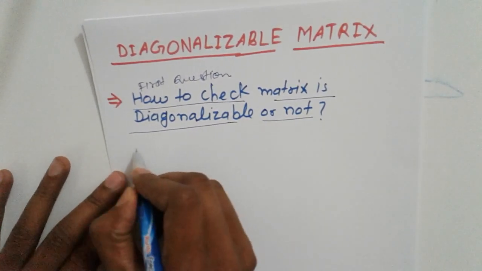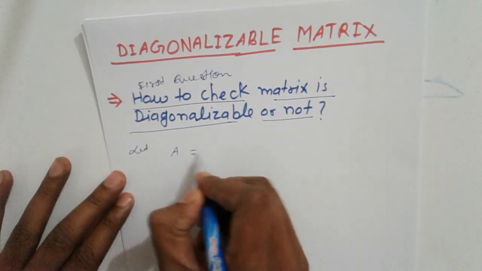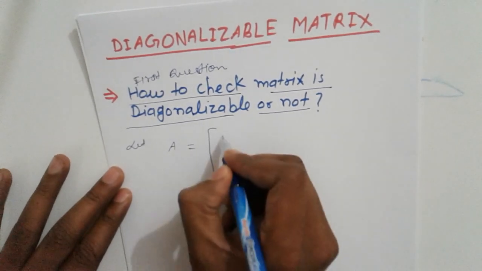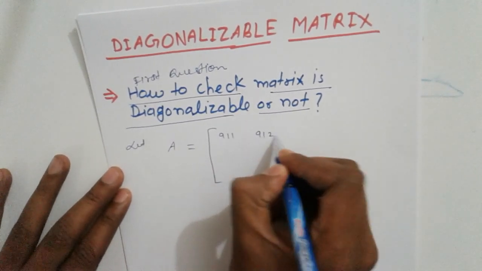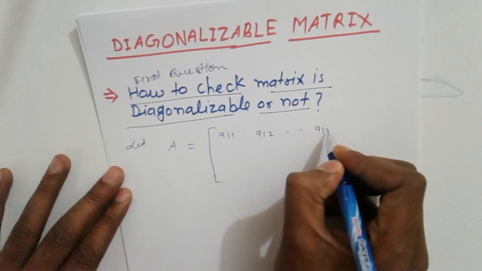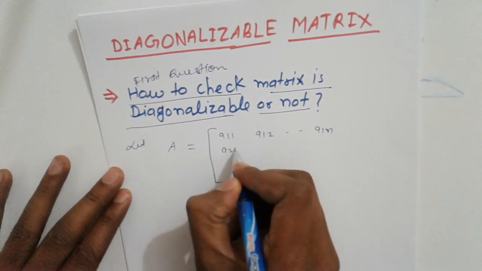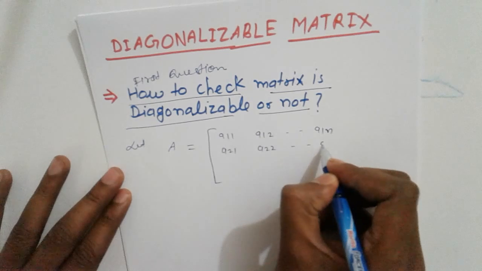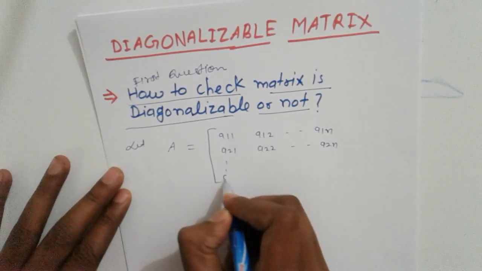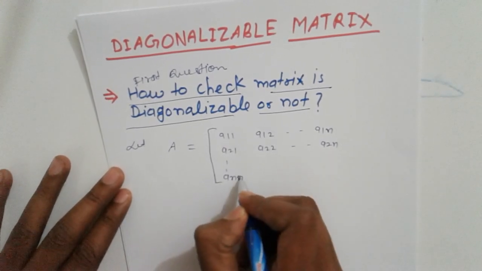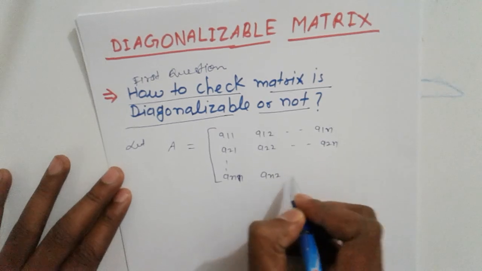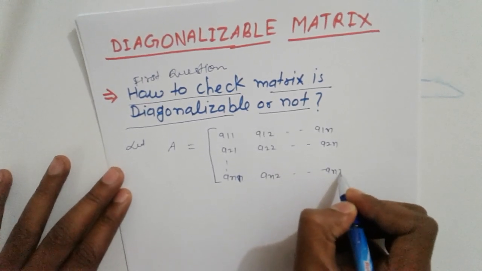So suppose matrix A is here: a11, a12 up to a1n, a21, a22 up to a2n, up to an1, an2 up to ann.